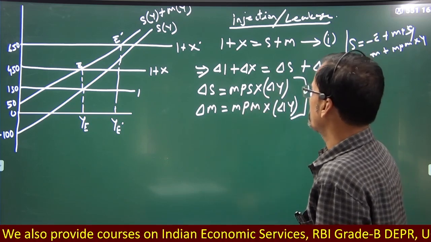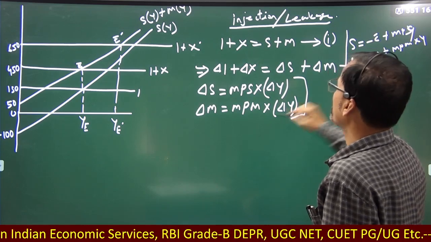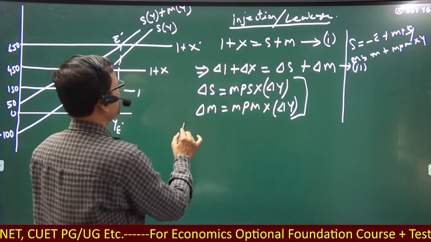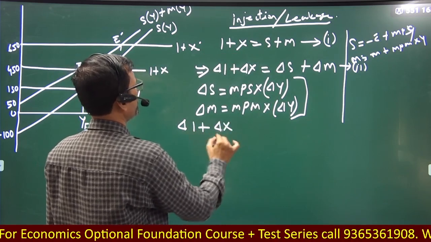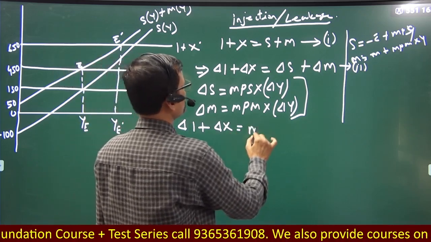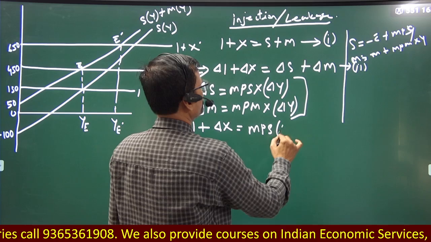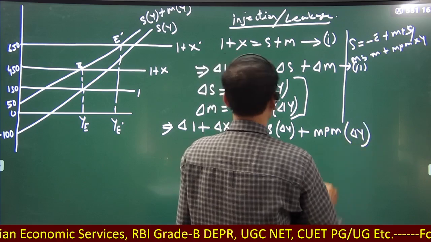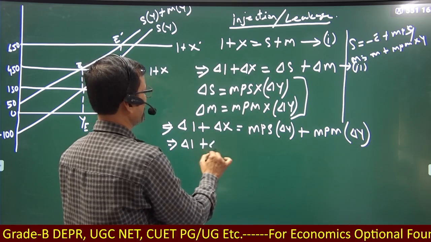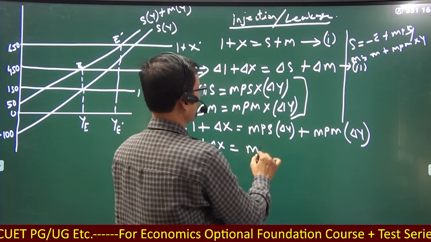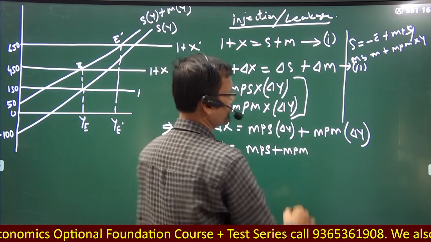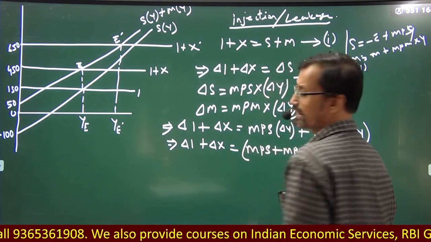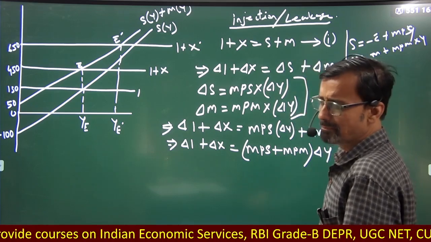Now, substituting the values of delta M and delta S in equation 2, we get delta I plus delta X equals marginal propensity to save times delta Y plus marginal propensity to import times delta Y. By taking delta Y common, delta I plus delta X equals marginal propensity to save plus marginal propensity to import, times delta Y. This is simple mathematical manipulation.